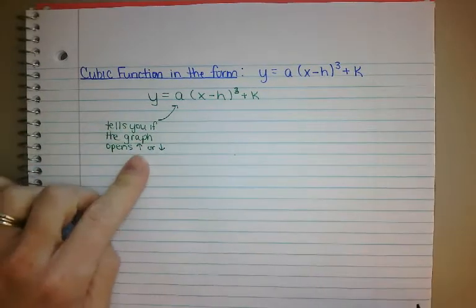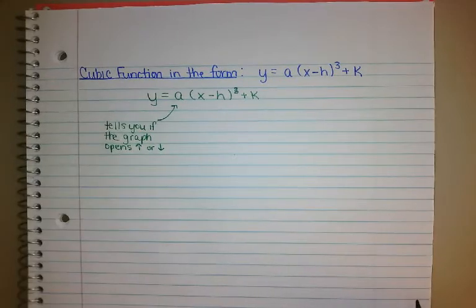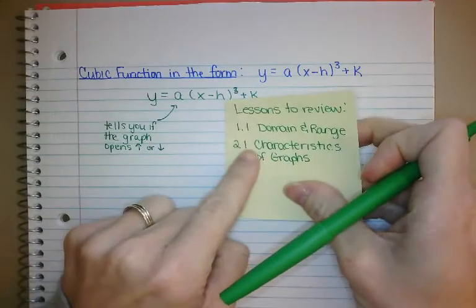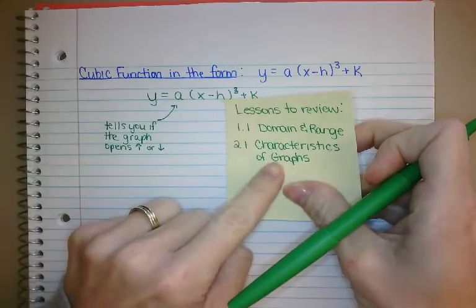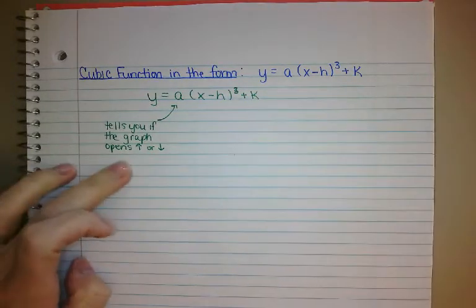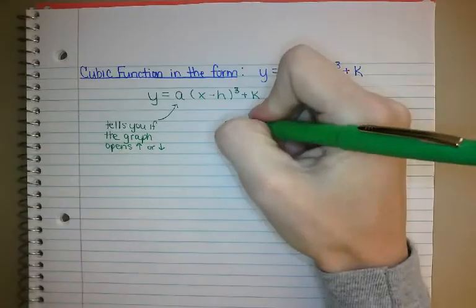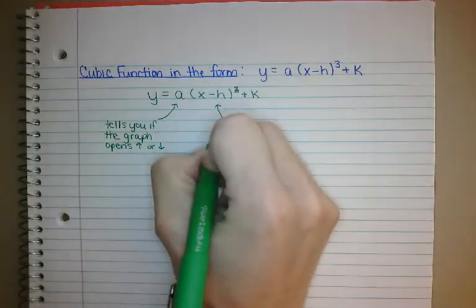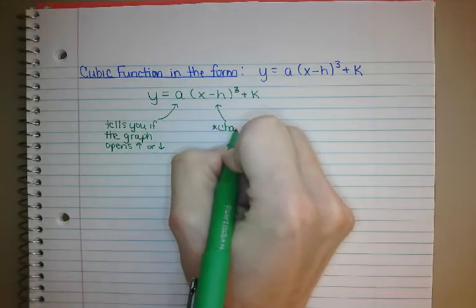And again, we've talked about all of this before in lesson 2.1. Okay, so 2.1 we started talking about characteristics of graph. So I hit that more in depth, so you might want to review if you're not hanging with me in this description. All right, so remember that the h, first of all, you always have to change its sign.